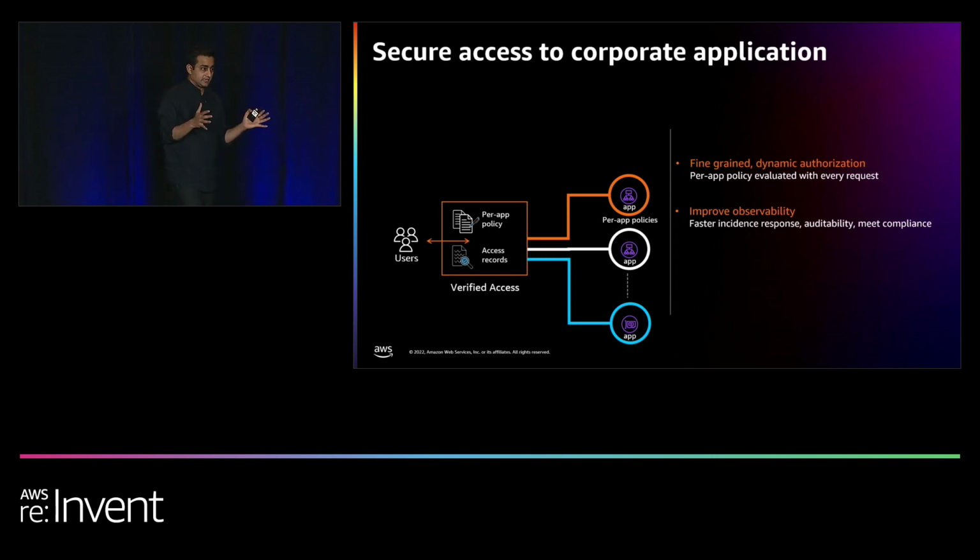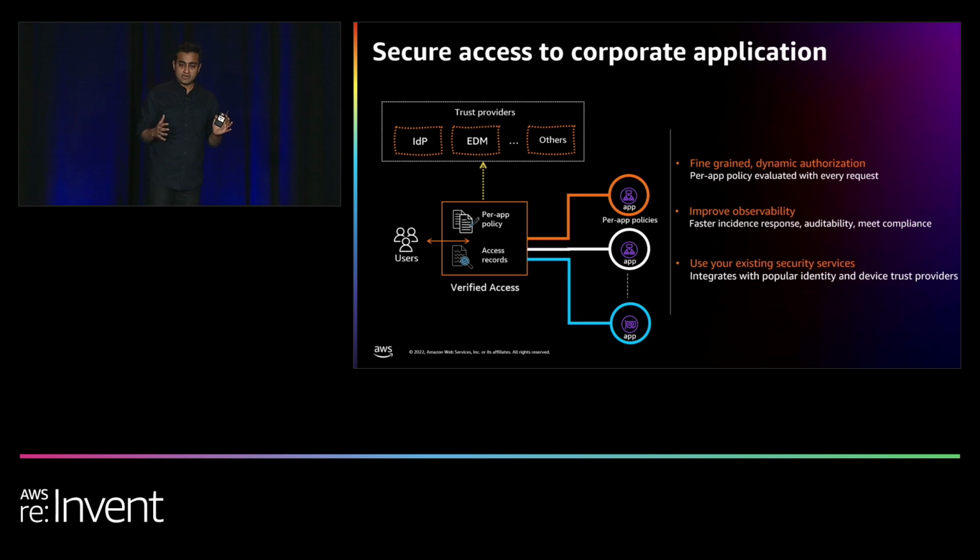The second thing that Verified Access does is log each and every access request, either allowed or denied. This is quite valuable for many of our customers because they can use that rich data for troubleshooting, for audit, for compliance, or to investigate security incidents.